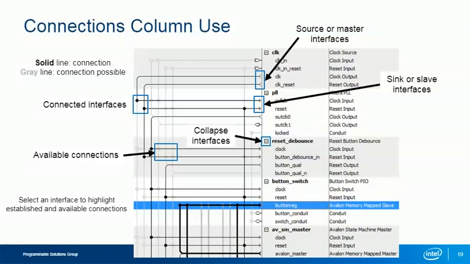As you can imagine, the Connections column can become very busy when there are lots of components and connections. You can hide connections by collapsing a component's interface. Just click the plus sign next to a component to collapse all of its interfaces into a single line. Additional connection and interface filtering options are available in the System Contents tab and in other tabs accessible from the View menu.